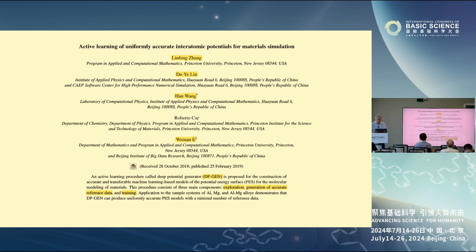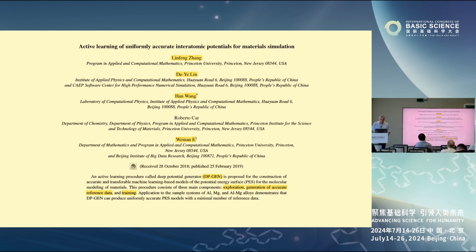So in this paper, we introduced an active learning technique for constructing uniformly accurate interatomic potential for material simulation. And the approach that we used is based on 3 steps.